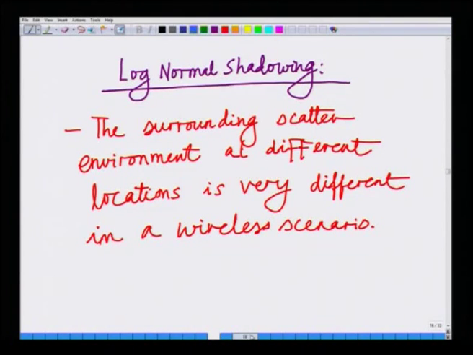Hence the net signal strength received at a location is random in nature, with the mean or the 50th percentile signal strength predicted by the Okumura or Hata model, and there are random deviations around this mean signal strength. This is termed as log normal shadowing.